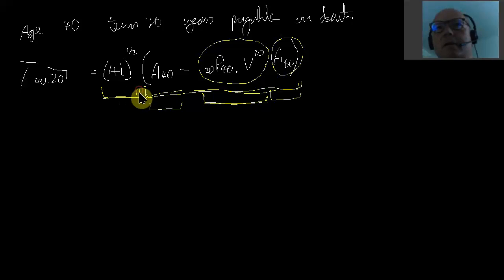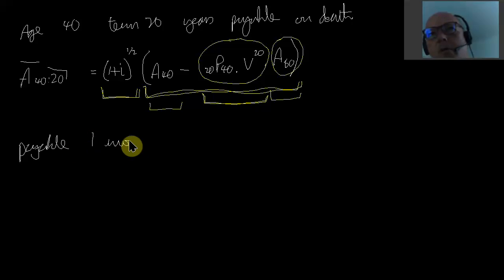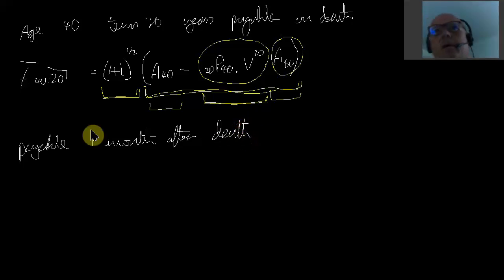So that makes it immediate. Okay, supposing, as a very simple extension then, we just adjust this and it's payable 1 month after death. Well, if it's payable 1 month after death, then we've got to discount back by a further month.